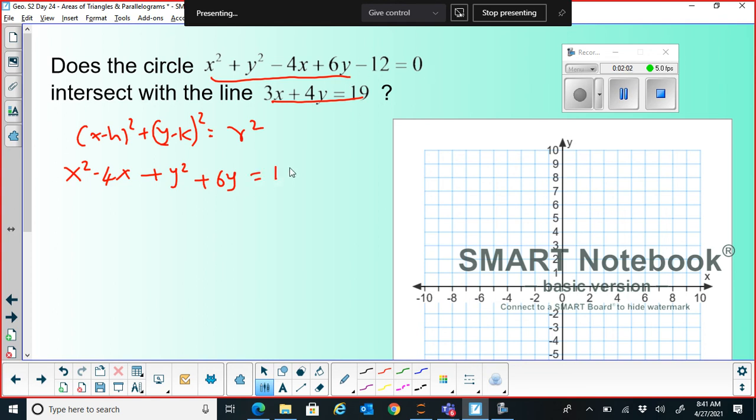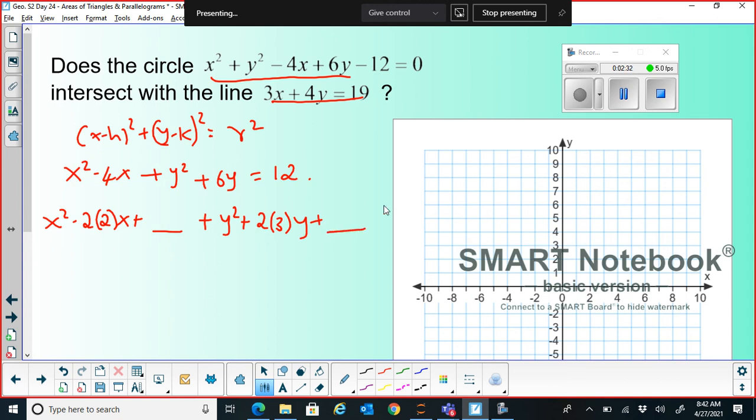Okay. In the next step, divide the middle terms by 2 so that I get x square minus, I can write 4 as 2 times 2, x plus, I'm leaving one blank here, plus y square plus 2 times 3, since 6 can be written as 2 times 3.